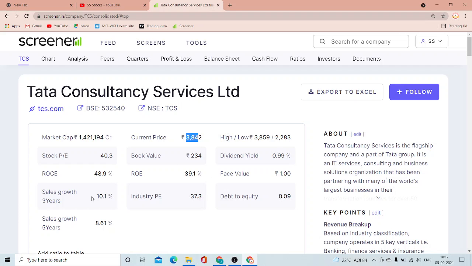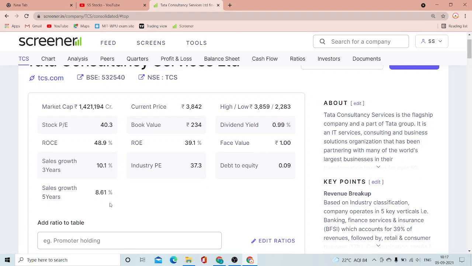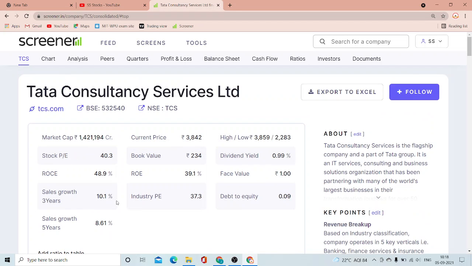Sales growth, and industry P/E. From industry P/E we will be able to compare with the stock P/E. Like here in case of TCS, the stock P/E is 40.3, and here it is 37.3. Debt to equity ratio, how much is the debt on the company. Sales growth. So this is the basic information which we will be able to know.